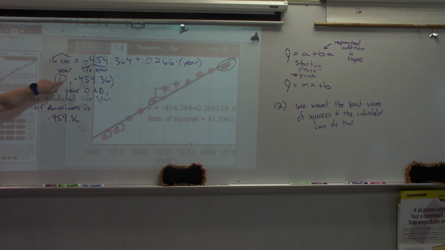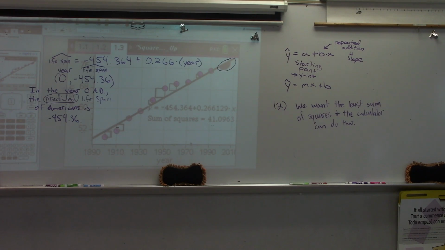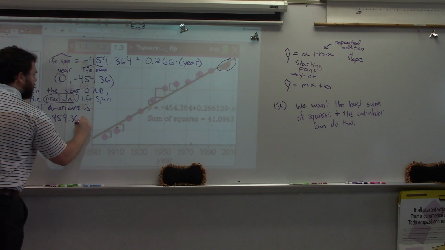Hear me clearly on this: if you do not use the word predicted, you are going to miss out on credit on the AP exam, because it is not the lifespan of Americans. That does not exist in the year 0 AD. The predicted lifespan is negative 454.36 years.